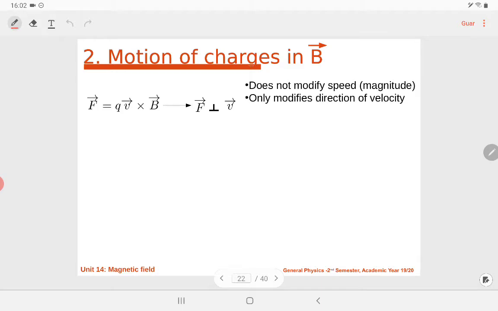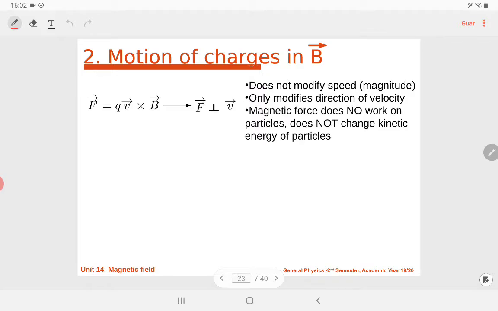It can only modify the direction of the velocity. Another interesting thing about this force is that it does not do work on particles. It cannot change the kinetic energy of particles because it cannot change the magnitude of the speed. It can only change the direction.